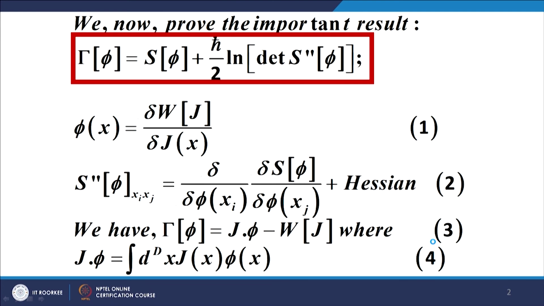The second derivative of the action will be given by this expression, which is equation number 2, plus the Hessian terms, and we also have the effective field as given by the Legendre transformation of W j, given by j dot phi minus W j, where j dot phi is given by the integral dx j(x) phi(x). So, these are the inputs that we have, equations number 1, 2, 3 and 4.